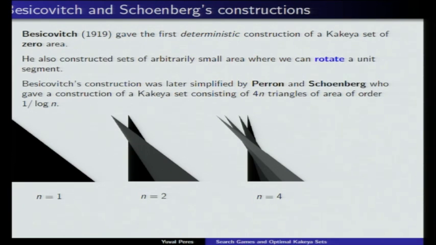If this is a right triangle, and the base has length 1, then of course you have 45 degrees. And then if you take a union of 4 rotations of this, you'll get segments in all directions. So we're going to ignore this difference between a quarter Kakeya set and a full Kakeya set. You can always take 4 rotations. So this is essentially a Kakeya set in this formal sense of containing a segment in every direction, but of course has very large area.